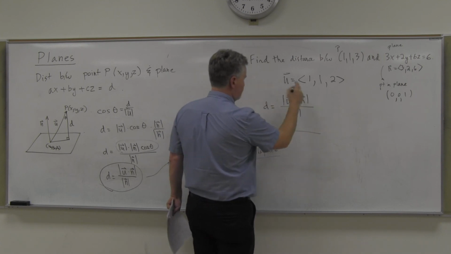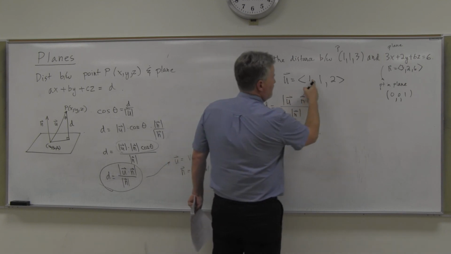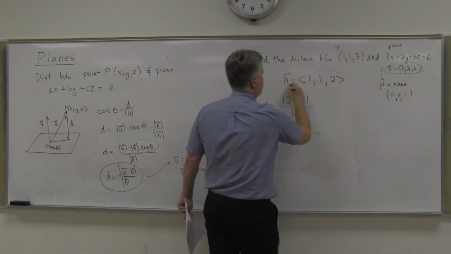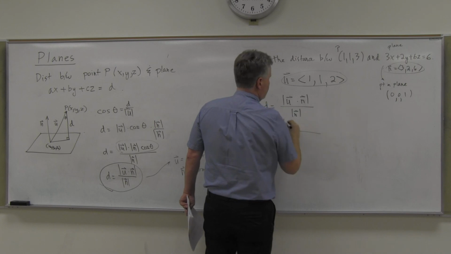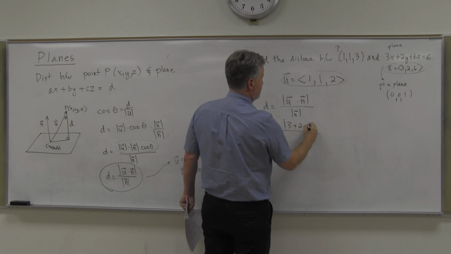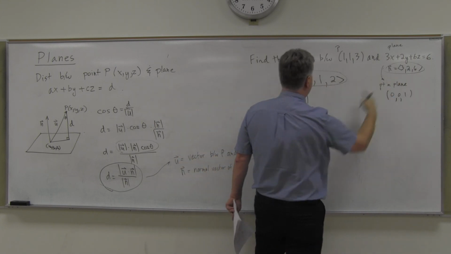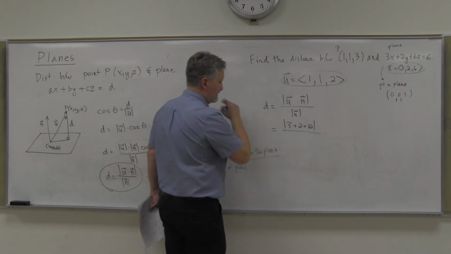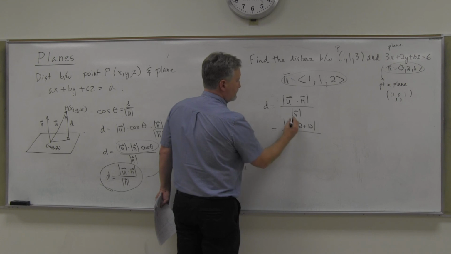So what's the dot product here? It's these two. All right, so it'll be 3 plus 2 plus 12: 1 times 3, 2 times 1, 1 times 6 is 12, which are going to be positive anyway, so it didn't need the absolute values. What about the magnitude of n?